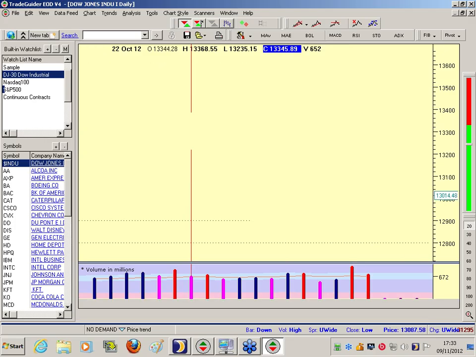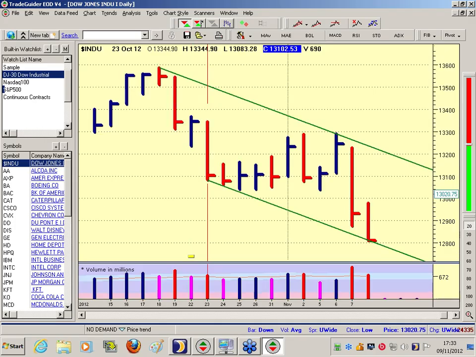Now, I used to be able to draw a trend line, but I can't now. But a wide spread down on a slight increase in volume, not massive volume and not low volume, just an increase in volume as it rushes towards an area of support and through an area of previous support, which is there.